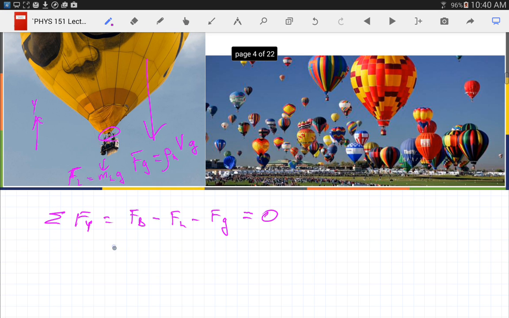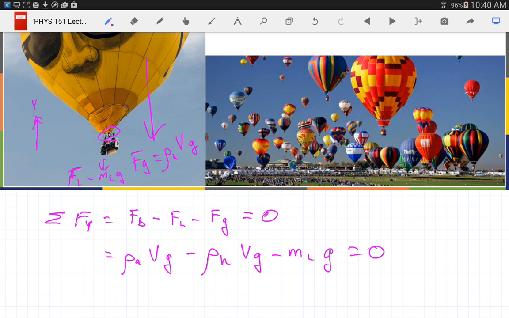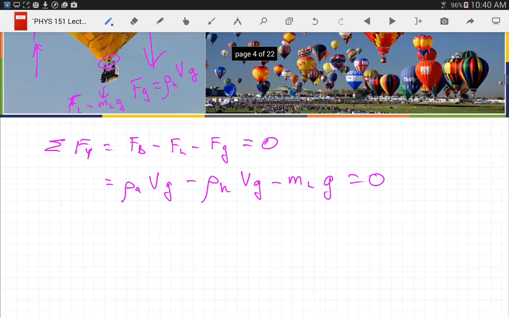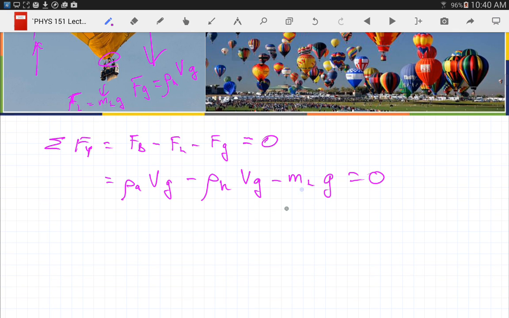So if we use our equations, that would be density of the air times volume times g, minus density of my hot air times volume times g, minus the mass of the load times g, is equal to 0. We can see the acceleration of gravity isn't even going to matter for this, and I can calculate the mass of the load that this thing can carry.